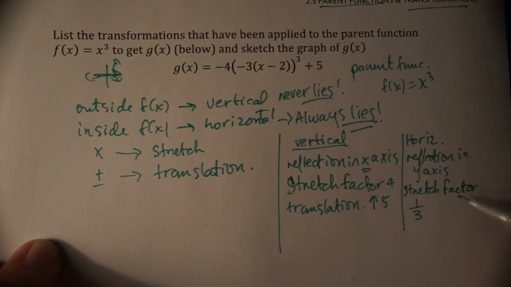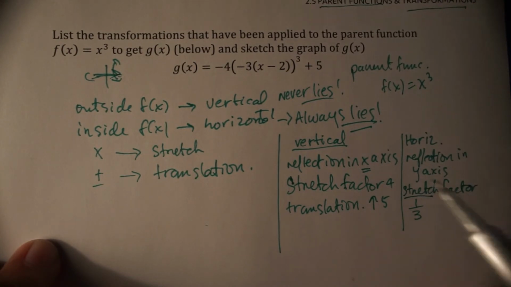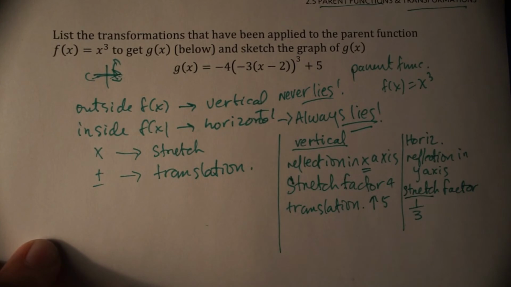Now obviously a stretch of a third, when you multiply things by a third, they get smaller. So it's actually a compression of 3. But if you start using the word compression and you have to flip it upside down, double negatives happen and it's confusing. So always use the word stretch and always flip over the number and you'll be right every time.